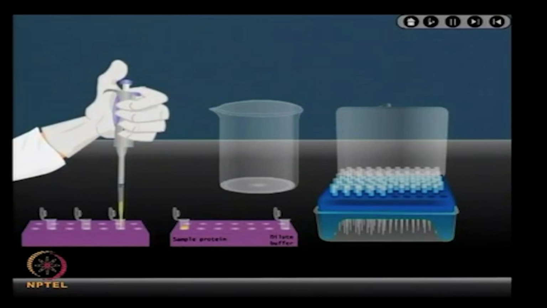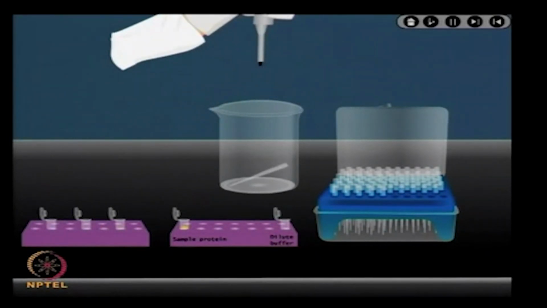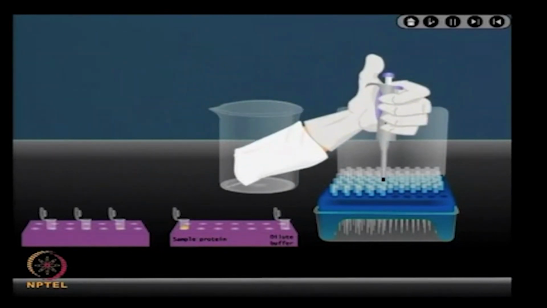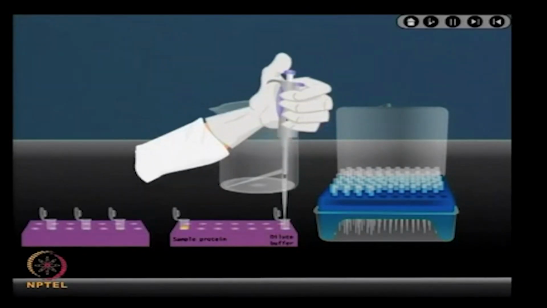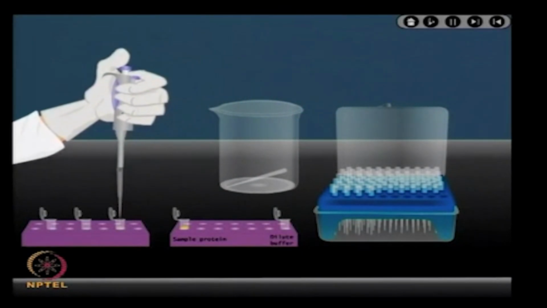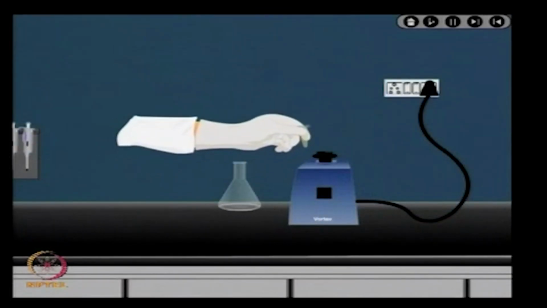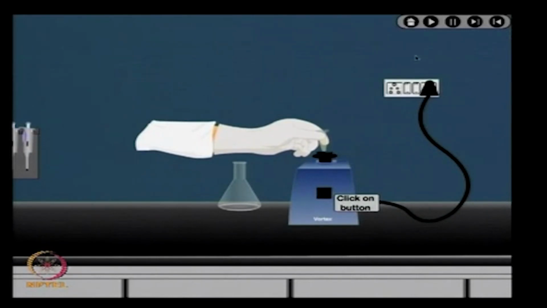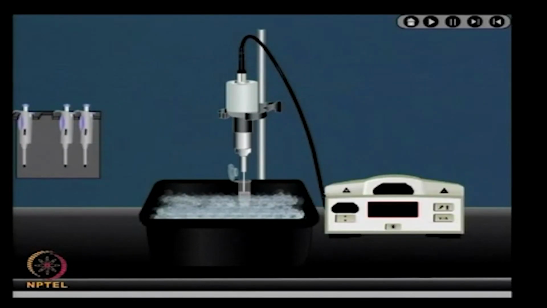So, the crude serum can be diluted 5 times with phosphate buffer pH 7.4. Ensure that mixing is uniform, and then vortex by clicking on this vortex here for 30 seconds.